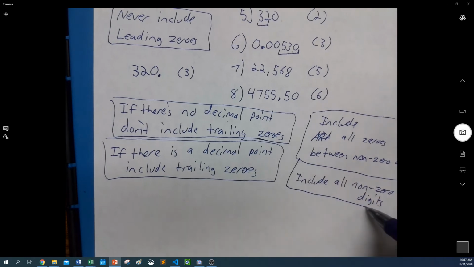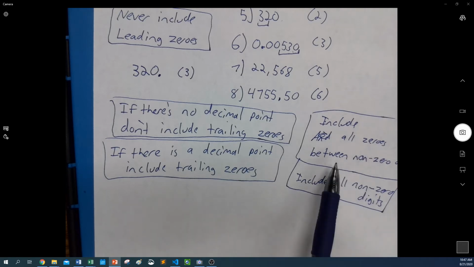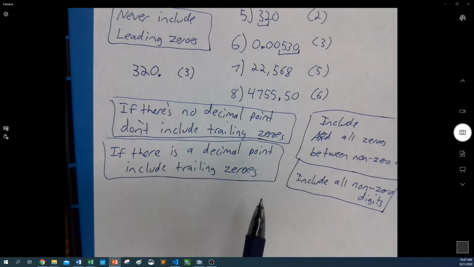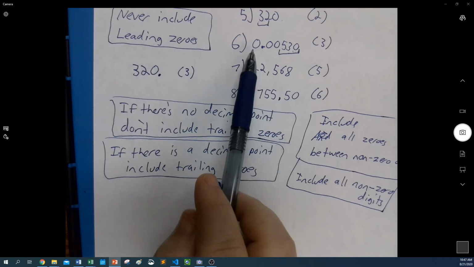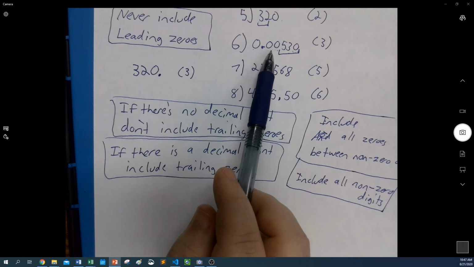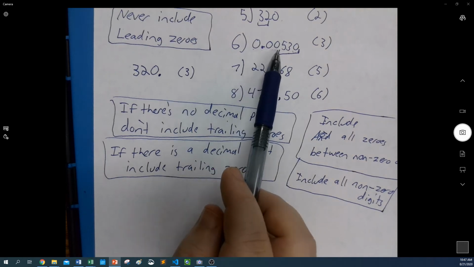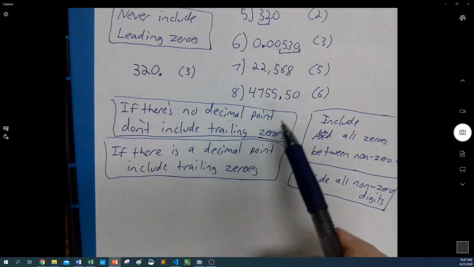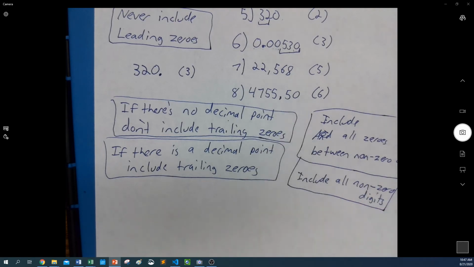That's probably a better explanation. So always include non-zero digits, include all zeros between non-zero digits. Never include leading zeros, the zeros that come before a non-zero, and only include trailing zeros if there's a decimal point. Non-zero digits are 1 through 9, everything not a zero.